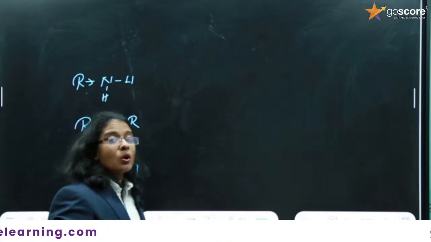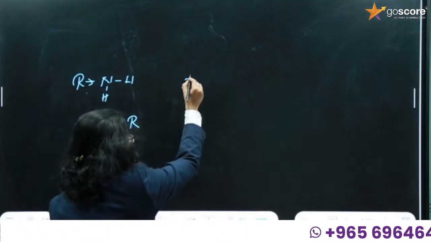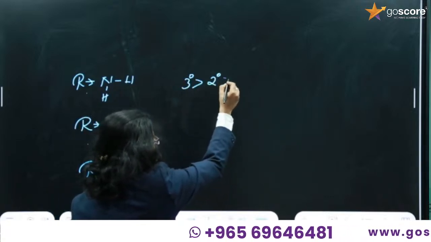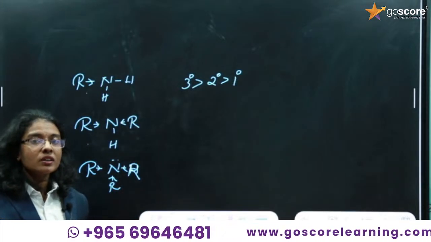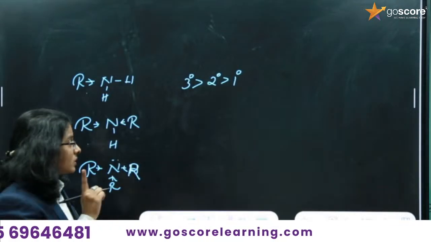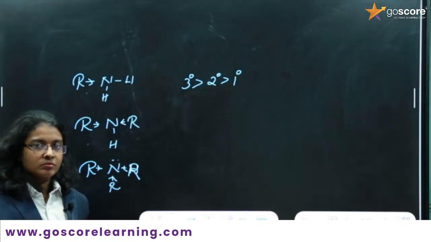So the basicity order in the gaseous phase is tertiary greater than secondary greater than primary. What is the basicity order for the gaseous phase? Tertiary greater than secondary greater than primary.